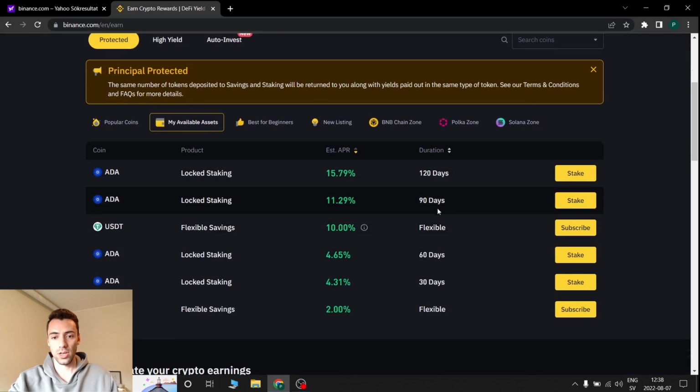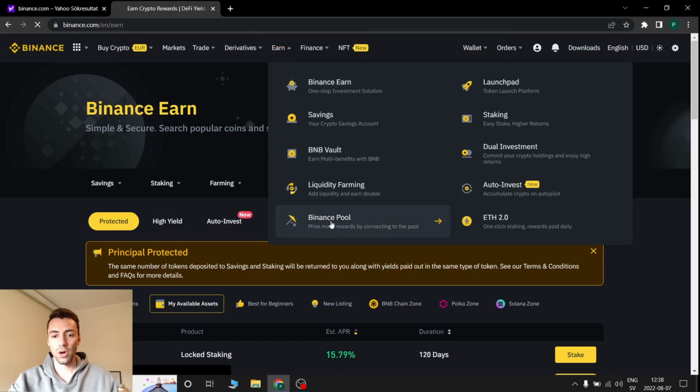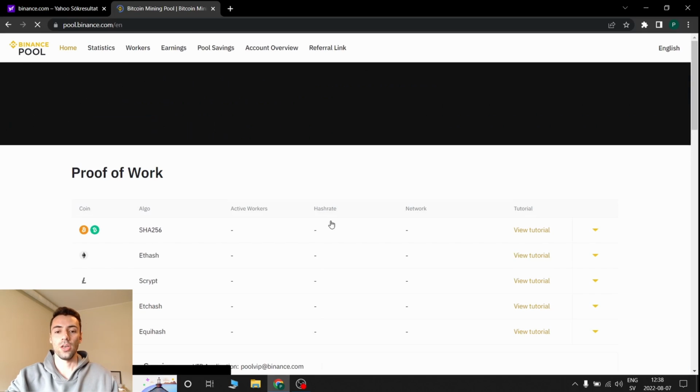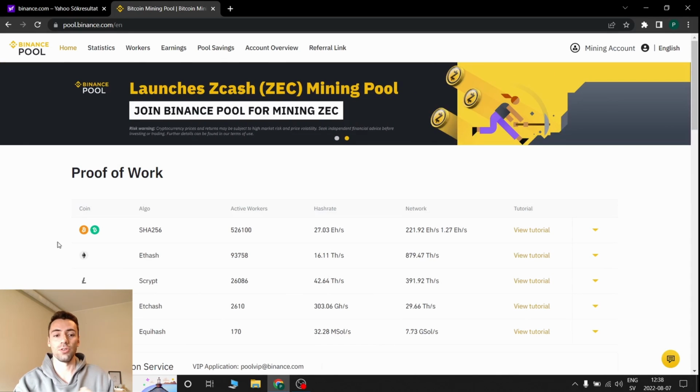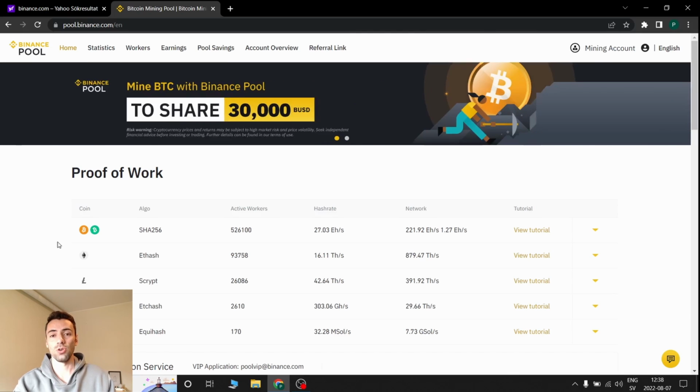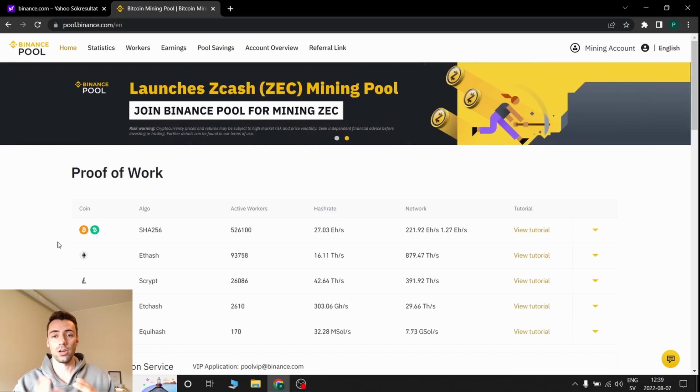For example, you can lock your tokens for 90 days, which has less profit earned. In the Binance pool, you have the ability to mine the tokens that are proof of work, like Ethereum or Bitcoin, where you have to use a miner, using hardware which consumes lots of energy and also produces lots of heat.